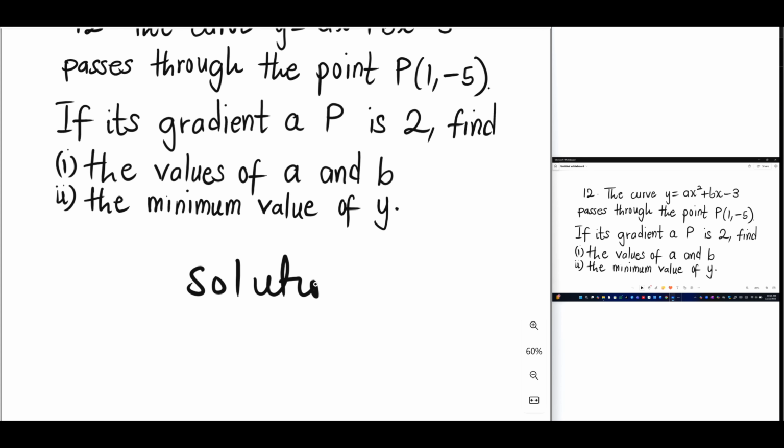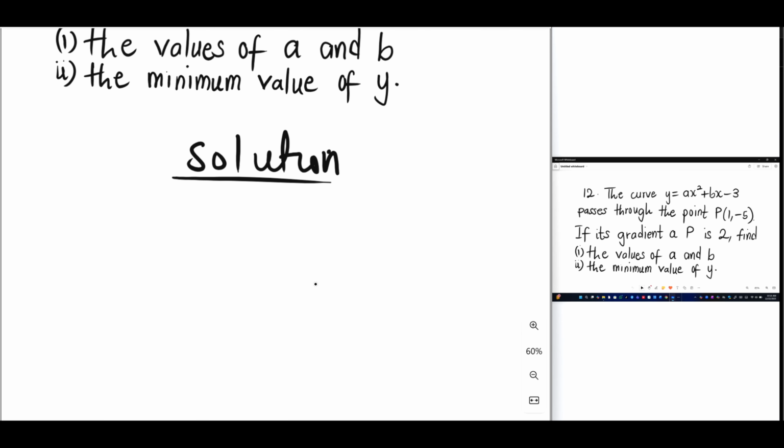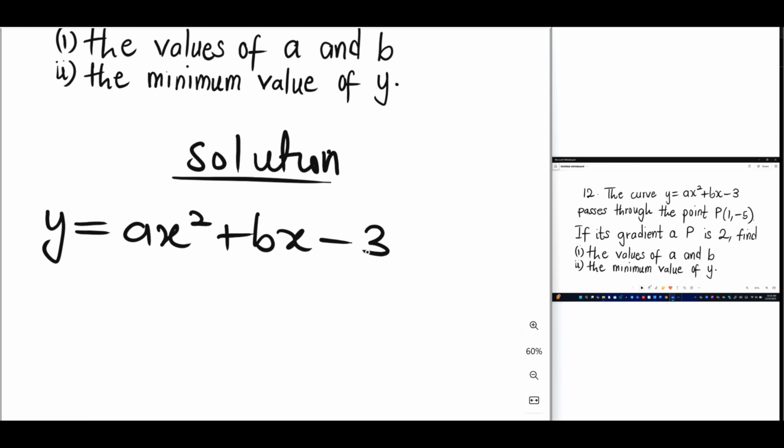So we have our solution here. Let us write our curve. Our curve is y equals ax squared plus bx minus 3, and it passes through the point P with x coordinate of 1 and y coordinate of -5.